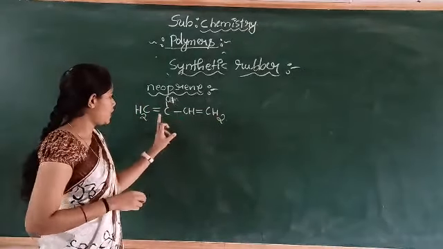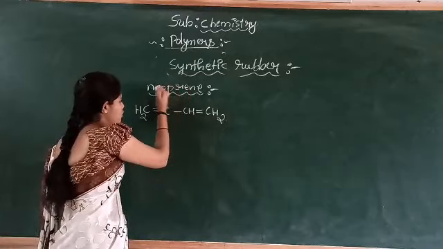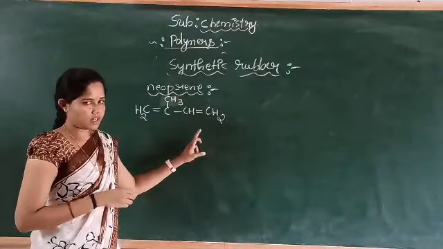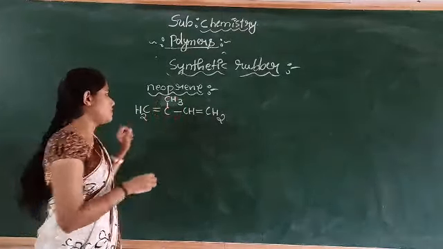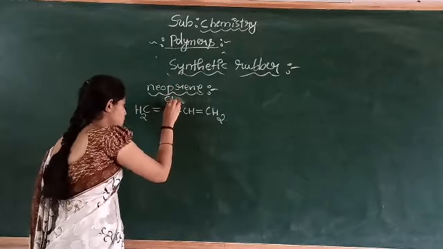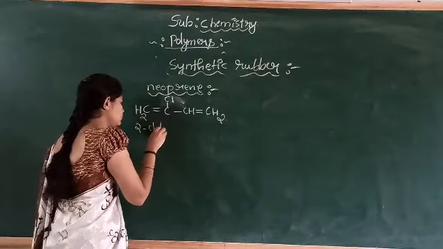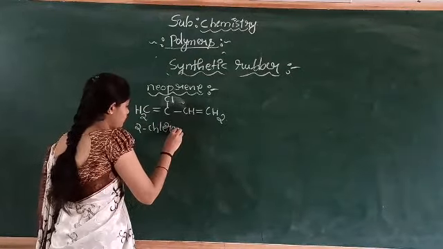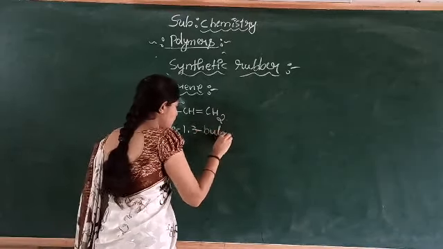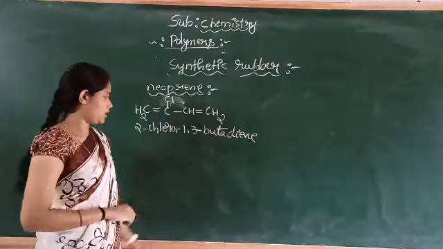So this is 1,3-butadiene. Instead of CH3 in isoprene, this is the structure of isoprene, here I will replace CH3 by chlorine. So this is chloroprene, that is 2-chloro-1,3-butadiene.